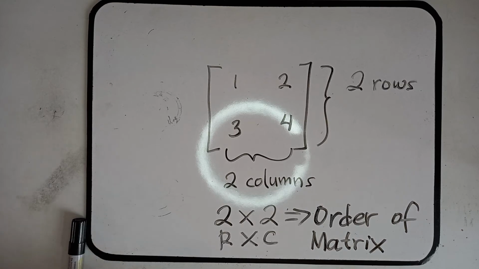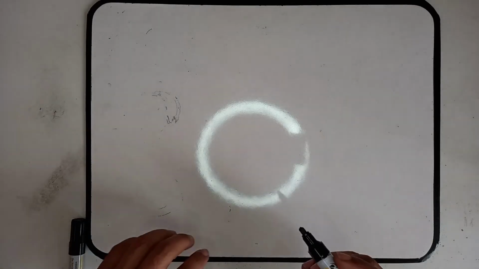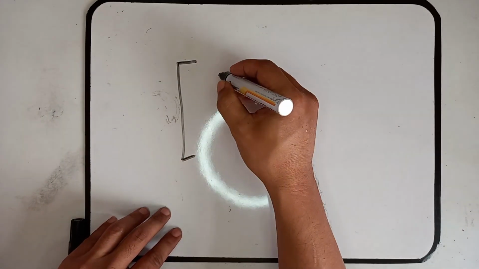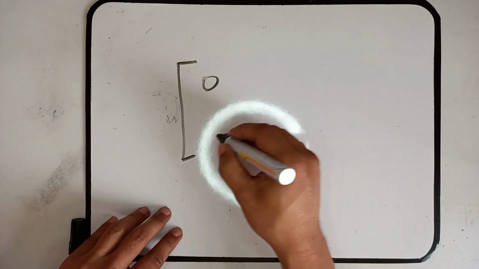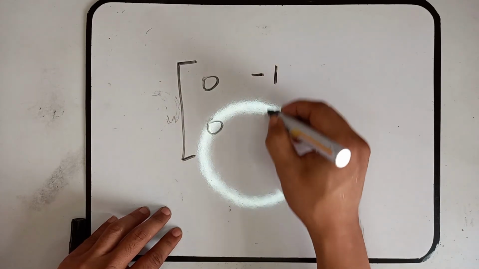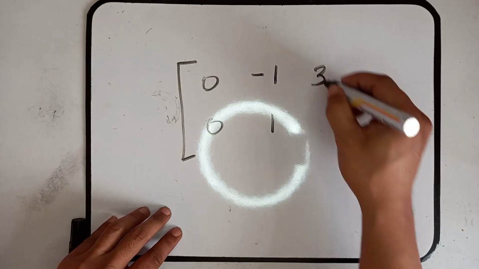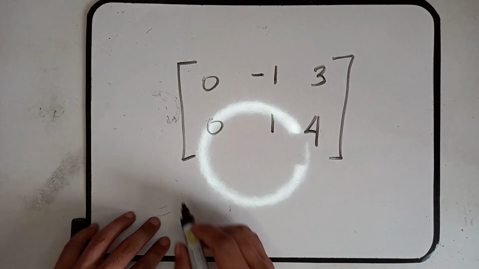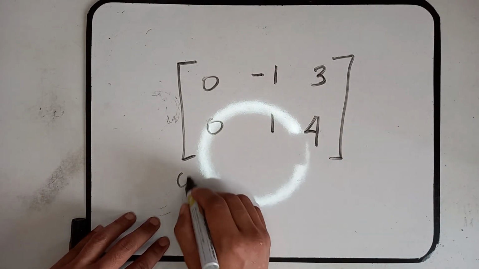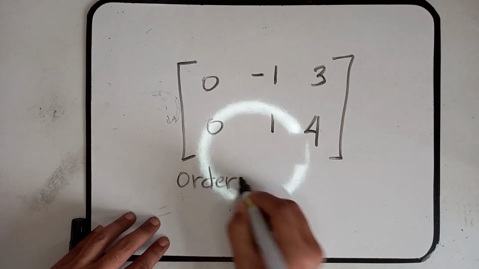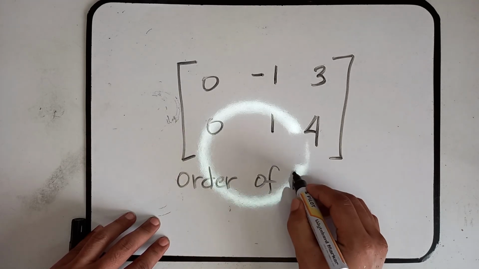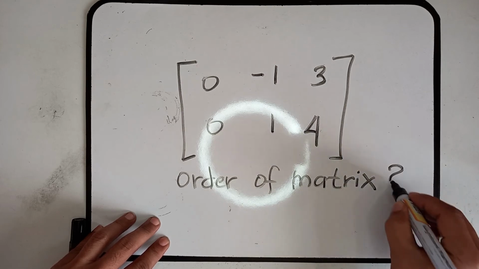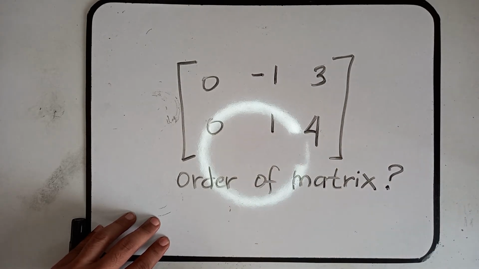Okay, so let's have another example. Okay, so this time let's have this 0, 0, negative 1, 1, 3 and 4. So this time, what is the order of matrix?